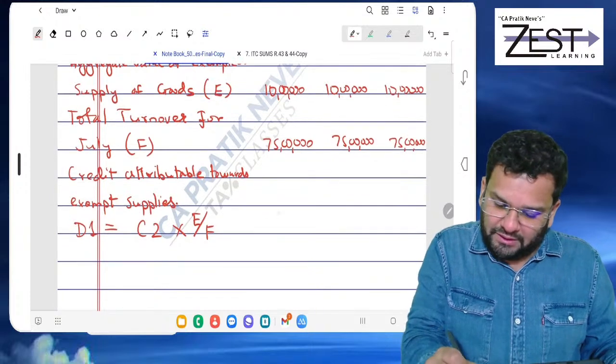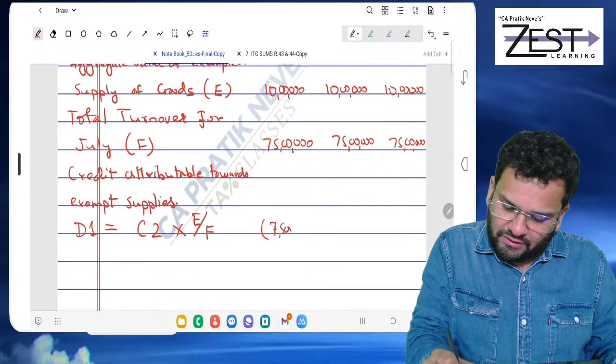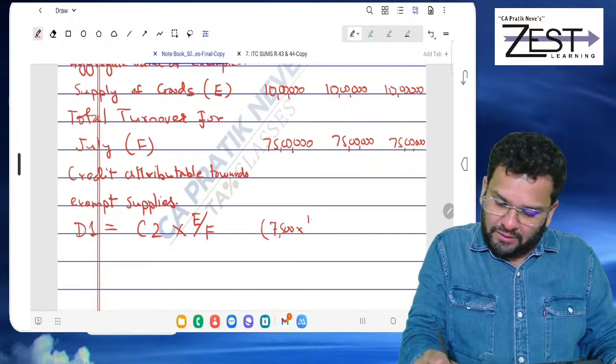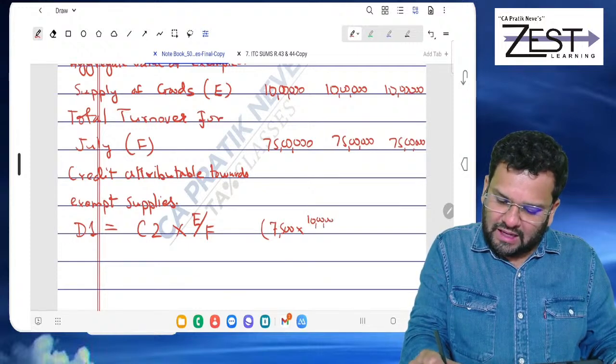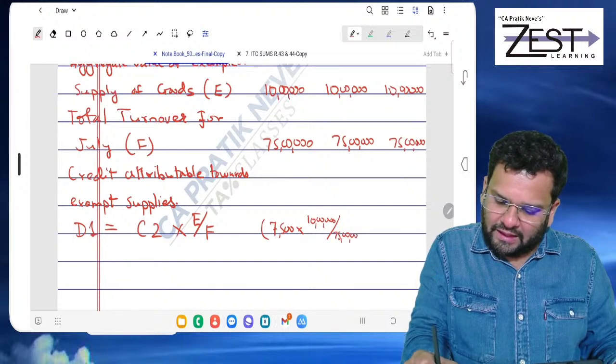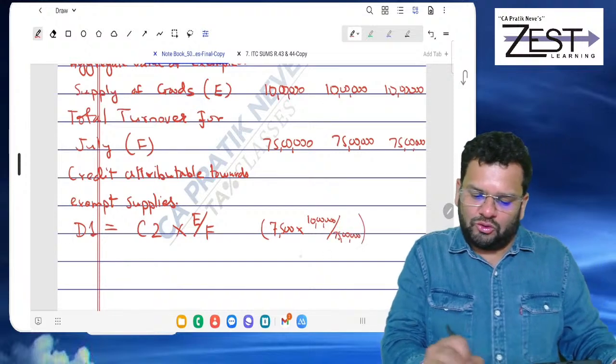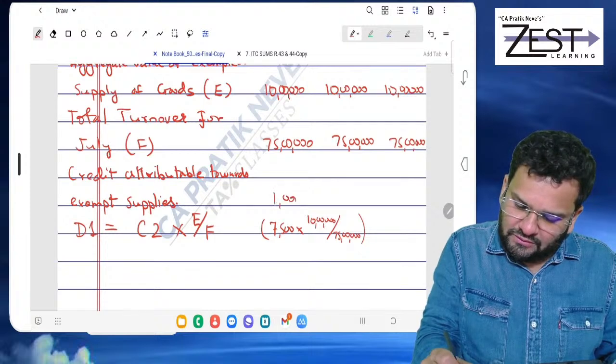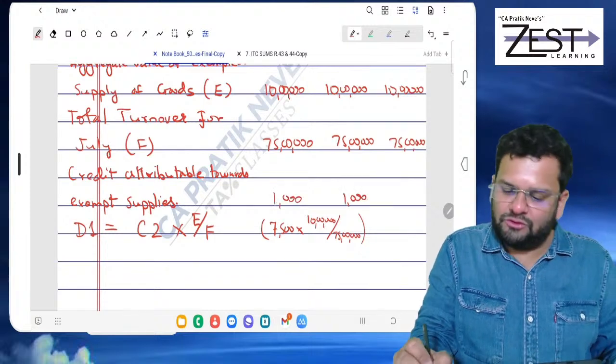So for example, your common credit was 7,500 multiplied by E, that is 10 lakh, upon F, which is 75 lakhs. So you are going to get 1000 rupees, as you all know, 1000 rupees.